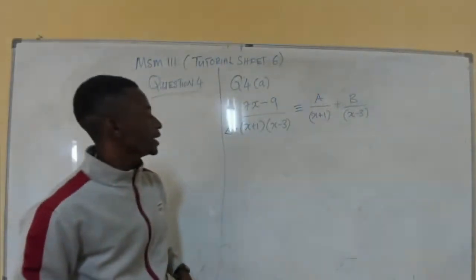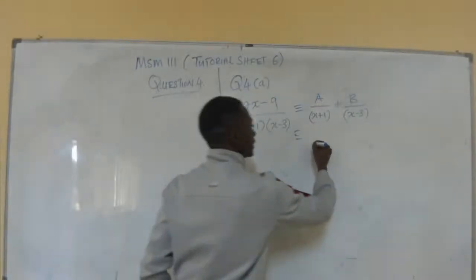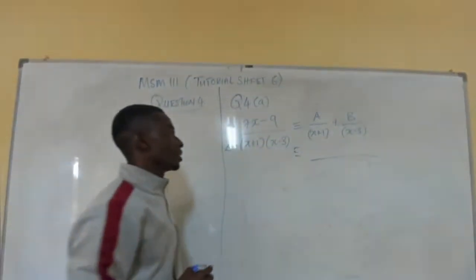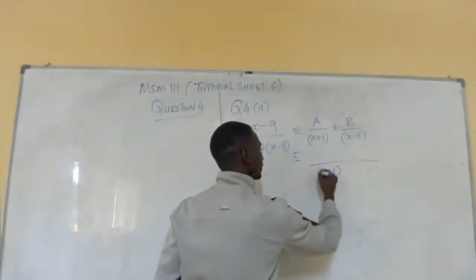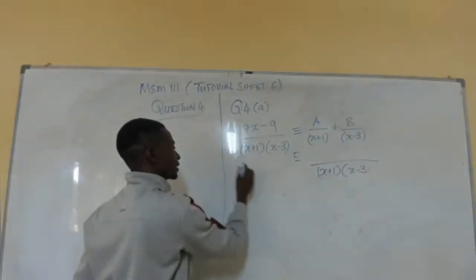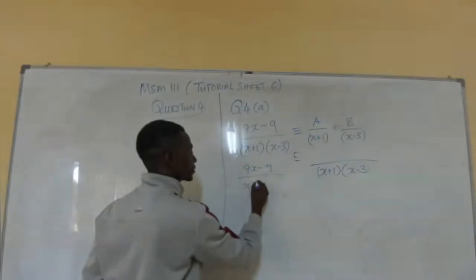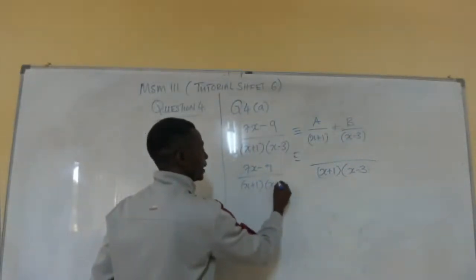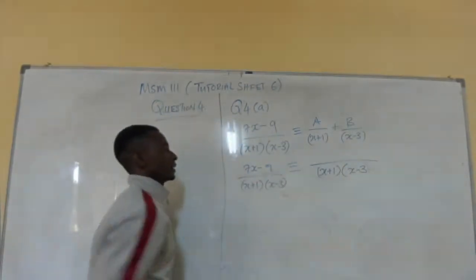How are we going to do that? Since here we have a fraction, we can find the lowest common denominator. What's our common denominator there? It's x plus 1 times x minus 3. So don't forget to say 7x minus 9 over x plus 1, x minus 3 is equivalent to that.